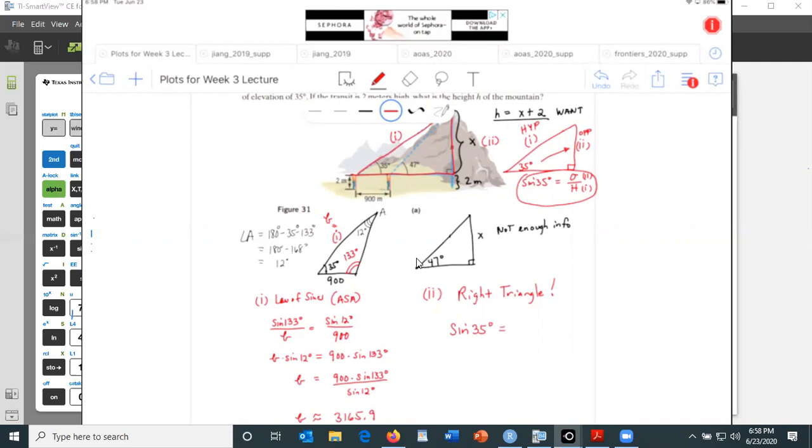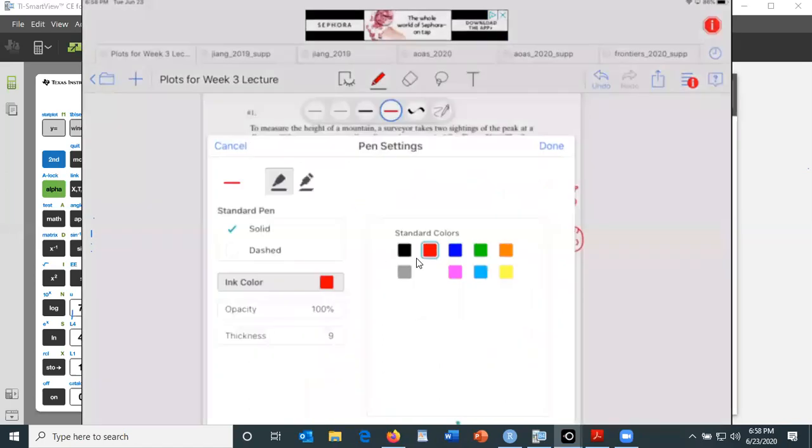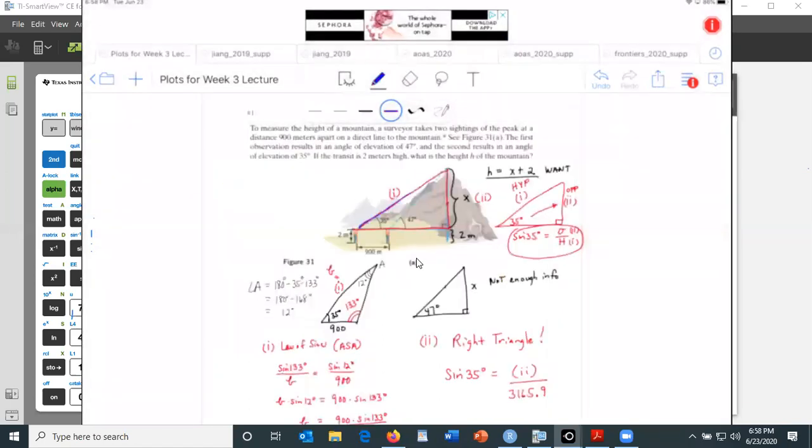So I would do the opposite, which is unknown, that's our 2 there, over our side of 1, the hypotenuse of 3165.9. And that's because this side here is this side here, and that's the 3165.9 that we found. You just carry it over.